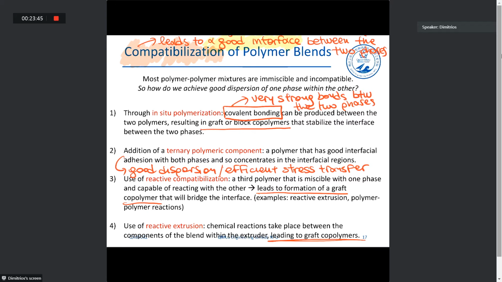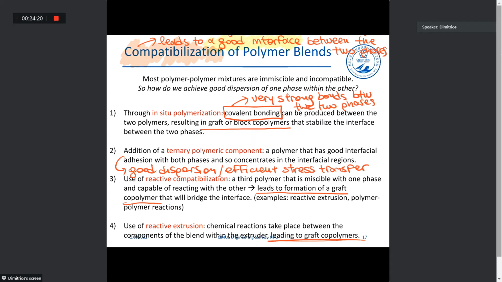So if we have a good interface between two polymers in an immiscible blend, that can give us, let's say, decent mechanical or thermal properties compared to if we have a bad interface. So when we have a bad interface and we stretch our materials, or we compress our materials, when we mechanically test them, okay, failure takes place at the interface because the interface is bad, okay? So what we want is a good interface between two phases.